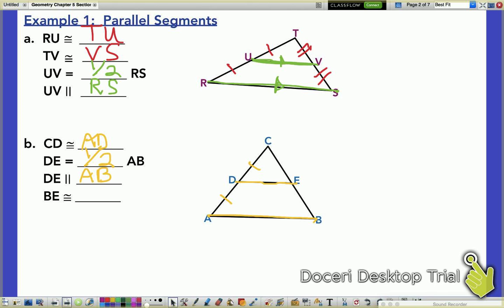Okay, and BE, so I'm going to erase that. BE would be congruent to CE. So as long as you remember that is the midsegment.